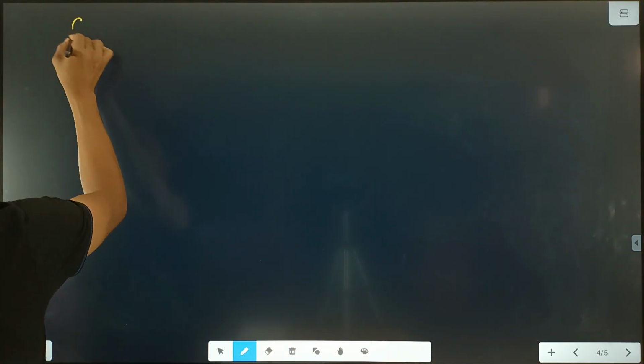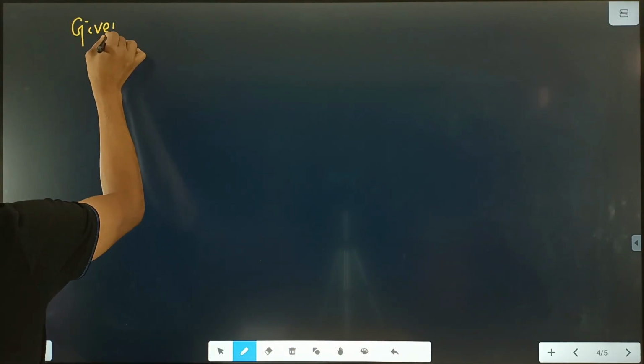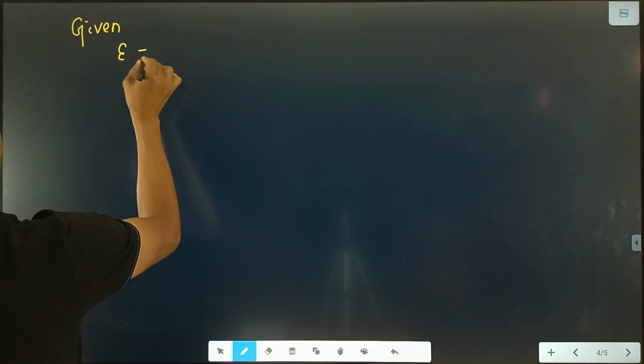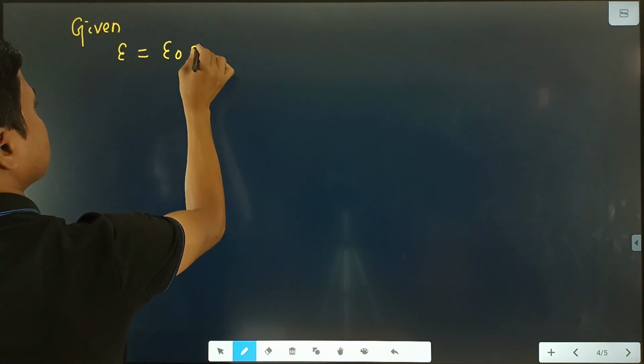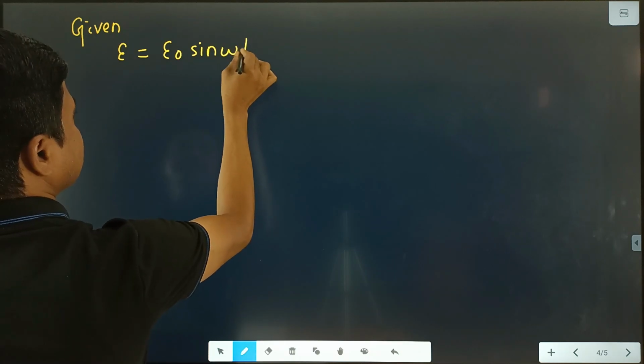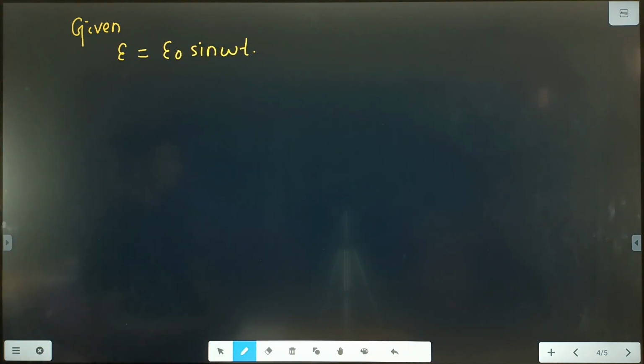Given, that is E is equal to E0 sin omega t. We know this value, clear?